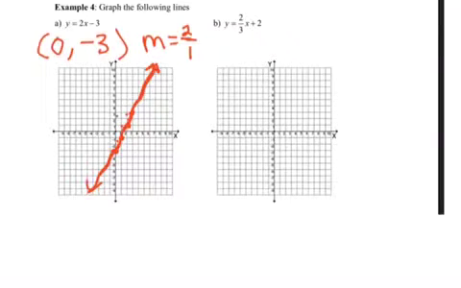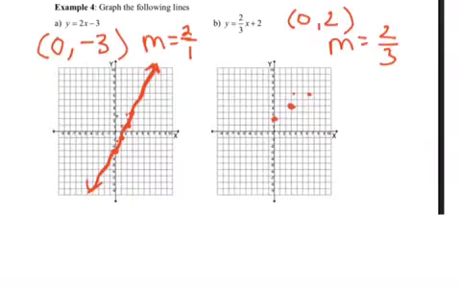One more together. So if I plug in 0, I get out 2. So I'm going to start at 0, 2. And then I'm going to use the slope of 2 over 3 to find the next point. So 2 in the vertical direction, 3 in the horizontal. So I go up 1, 2, and over 1, 2, 3.